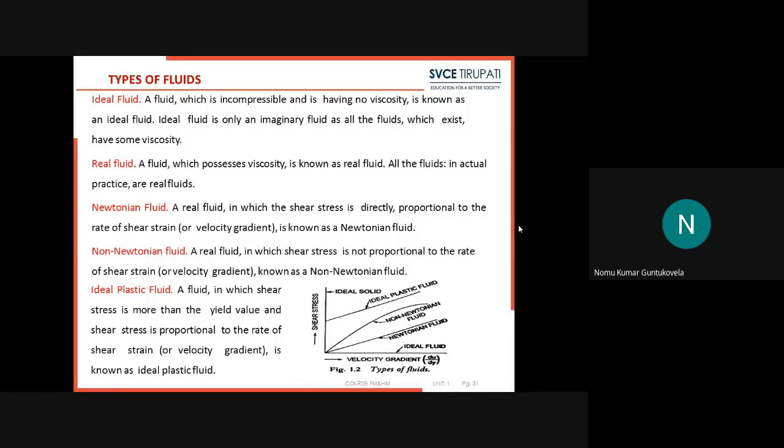Depending upon these types of fluids, we have different properties, and the properties vary from each liquid, such as water, diesel, kerosene, greases, oils, petrol, and mercury. Like this we have different types of fluids.